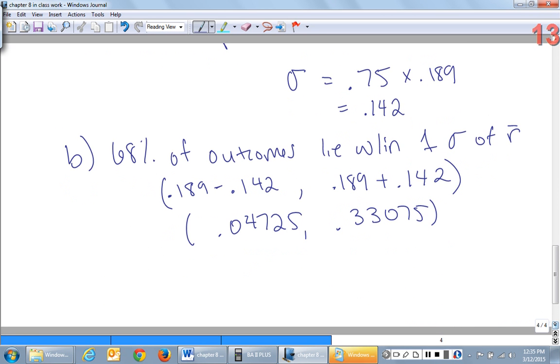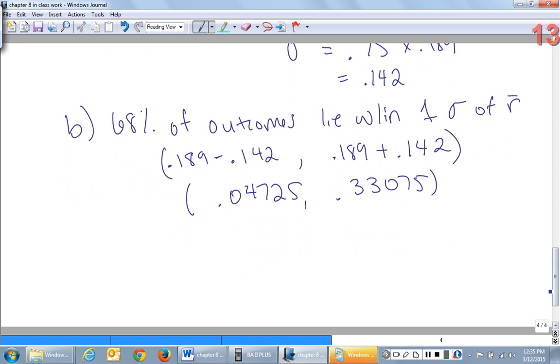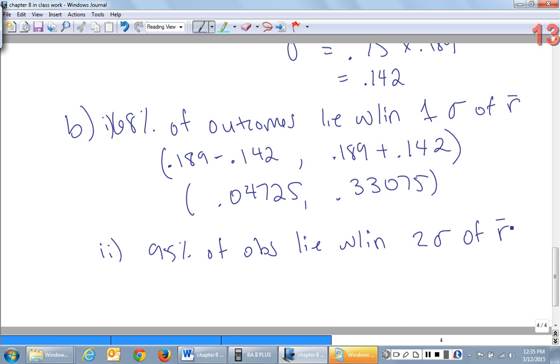If we want to be 95% confident in our answers, then we know that 95% of observations lie within 2 standard deviations of our expected return. So we have 0.189, our expected return, minus 2 times the standard deviation of 14.2%.